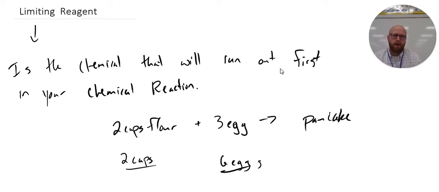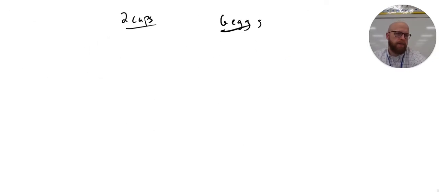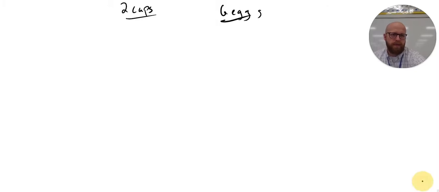Well, I can't use all of this to make pancakes because my flour is going to run out before my eggs run out, because my ratio is every 2 cups, I need 3 eggs. In this case, I have enough eggs to make 2 pancakes, but I have enough flour to make 1 set of pancakes.